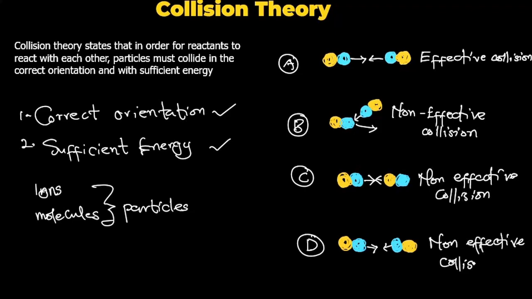In A, we said we have a wrong orientation. Over here we have, again, wrong orientation. And over here we have not enough energy.